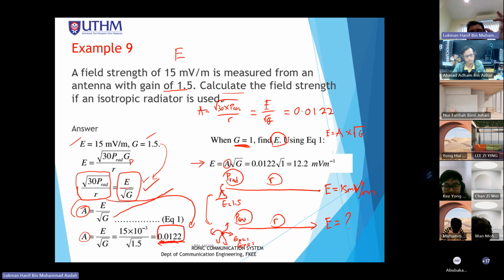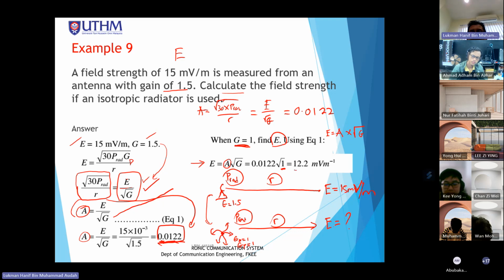Both the isotropic antenna and the real antenna have the same A parameter. We multiply with the gain, but the gain is different now. The gain is equal to 1.